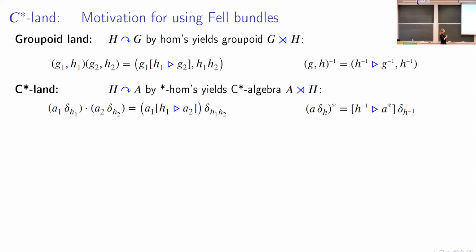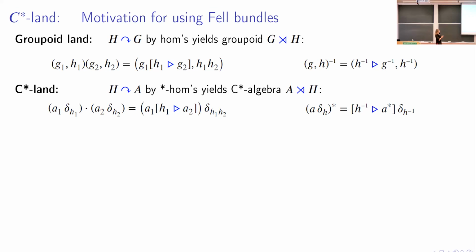So I take two standard elements of my cross product, A1 at H1, A2 at H2. And when I multiply them, I pay a price of H1 acting on A2. And I land otherwise in the fiber H1 H2.